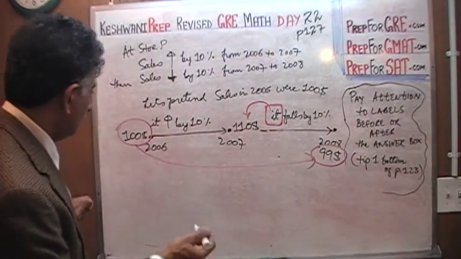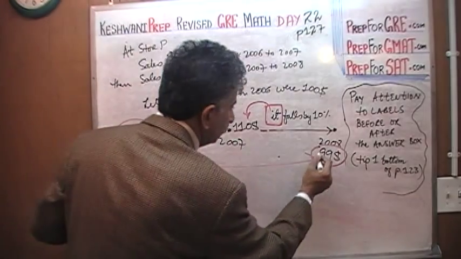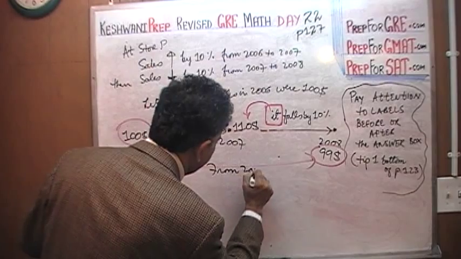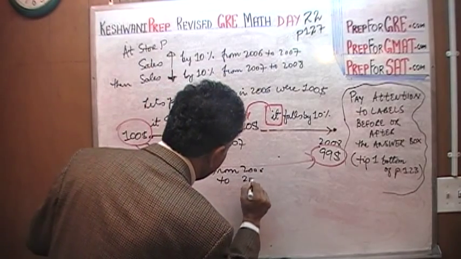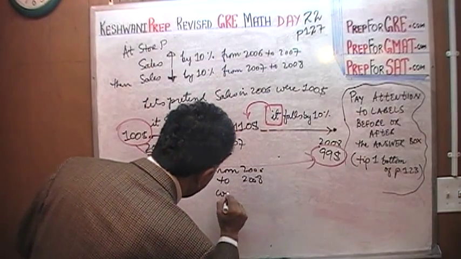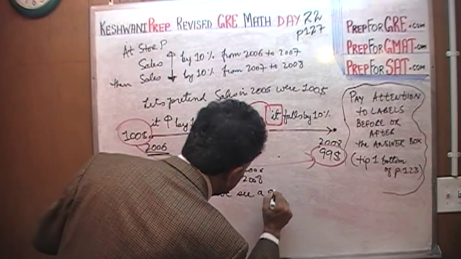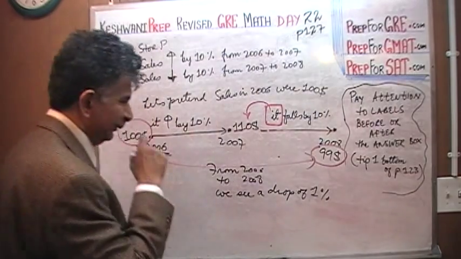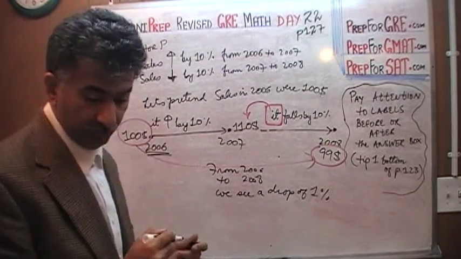So overall, from 2006 to 2008, we see a drop of 1% from 100 to 99, a drop of 1%.